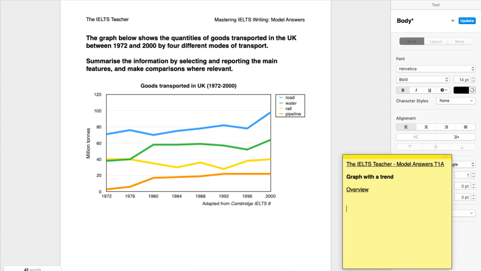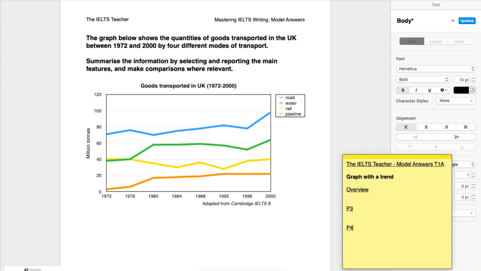Some people like to look at it as a conclusion or a summary as the last paragraph. I think it's better in the second paragraph position. So the overview, and then a 3rd paragraph and a 4th paragraph, and the 3rd and 4th paragraphs are going to focus on the details, whereas the overview will look at the graph in a very general way.